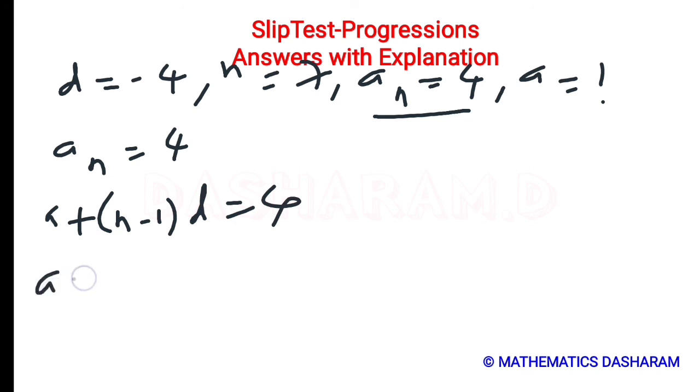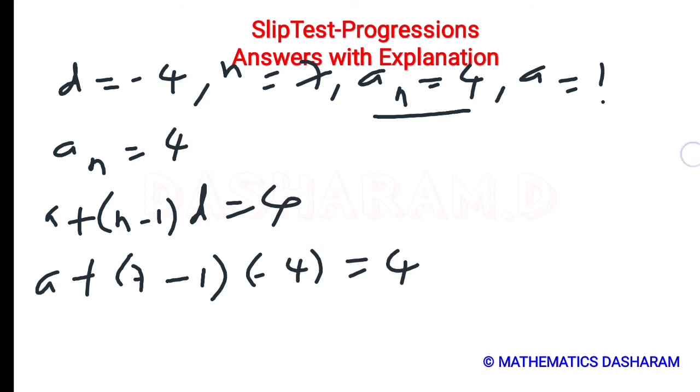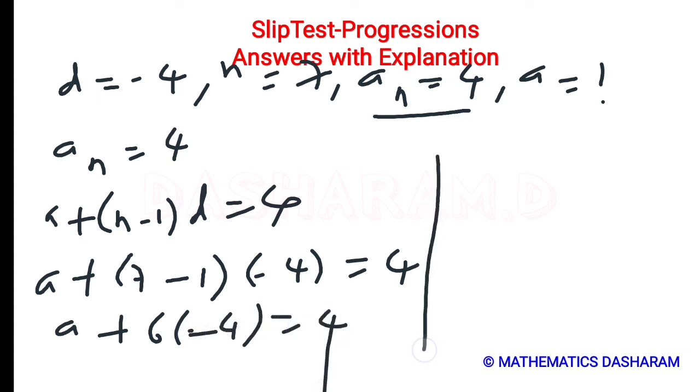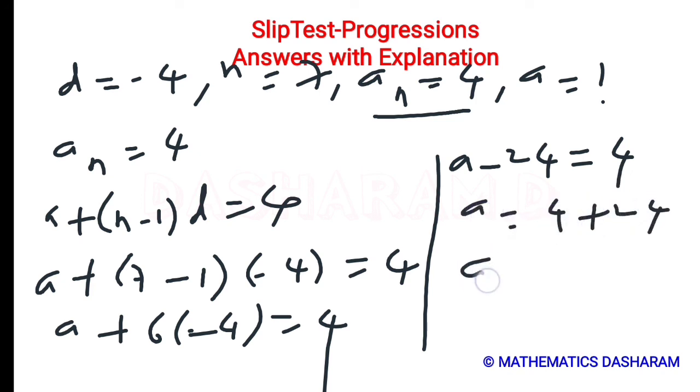So a plus 7 minus 1, which is 6, into minus 4 equals 4. Now 6 into minus 4 is minus 24, so a minus 24 equals 4. So a equals 4 plus 24, so a equals 28.